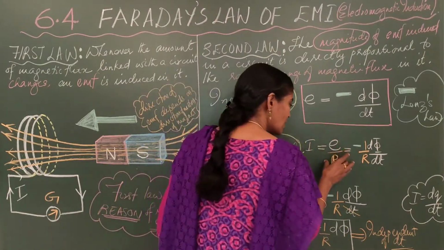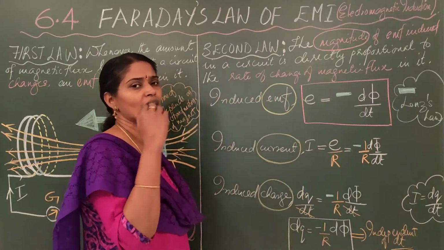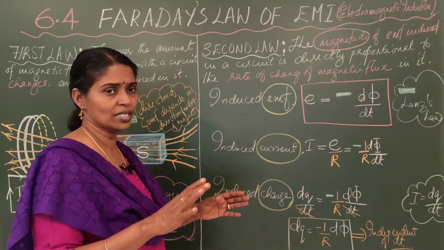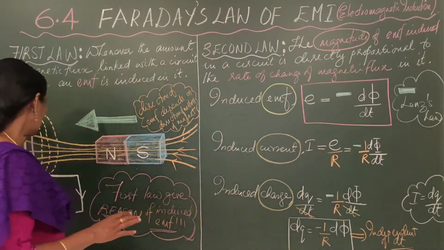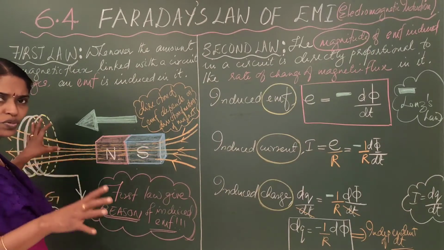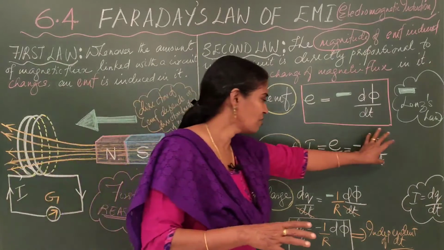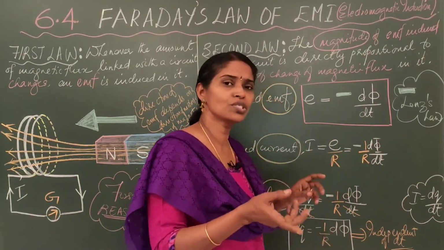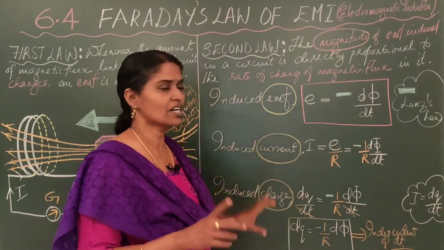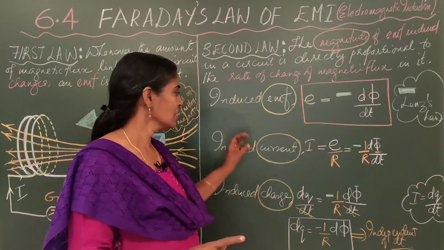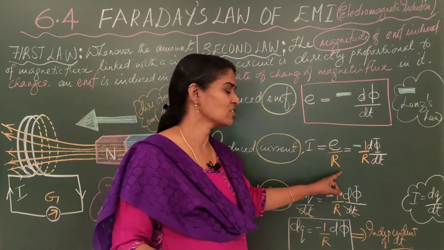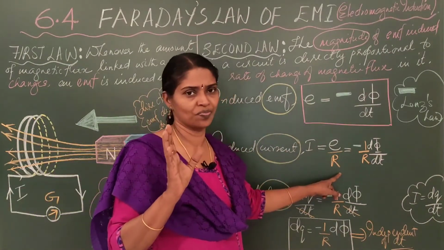If you are using a silver wire, the same thing, current will be more. No change in number of turns, the time through which you are doing, all these remaining the same, the other factors remaining the same. If you are using copper and silver, the current will be different because induced current depends on resistance also.